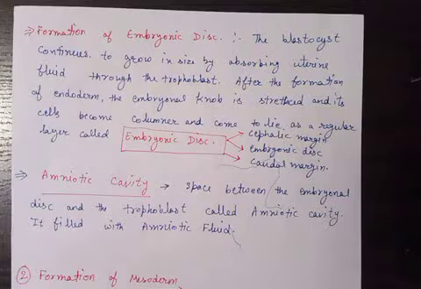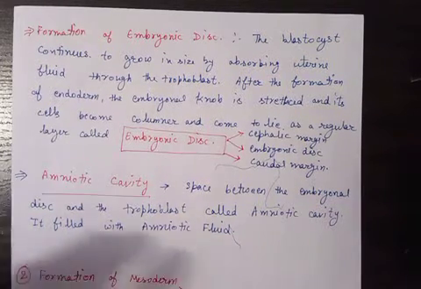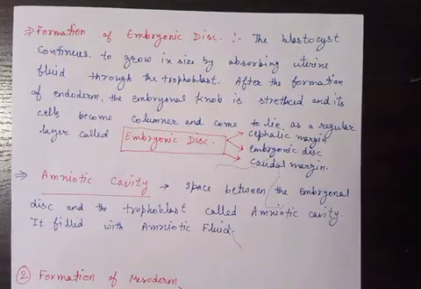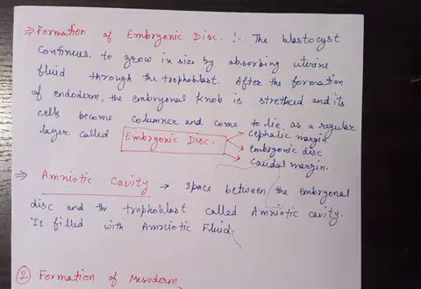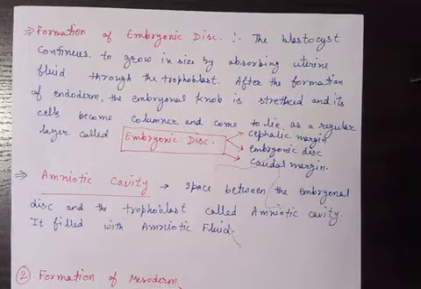After the formation of endoderm, we will discuss the formation of the embryonic disc. The blastocyst continues to grow in size. We know the blastocyst is attached to the mother's uterine wall, getting nourishment from the mother.